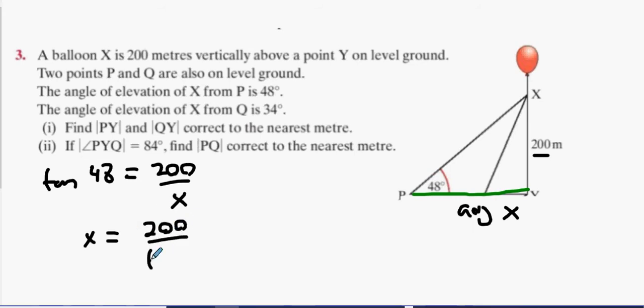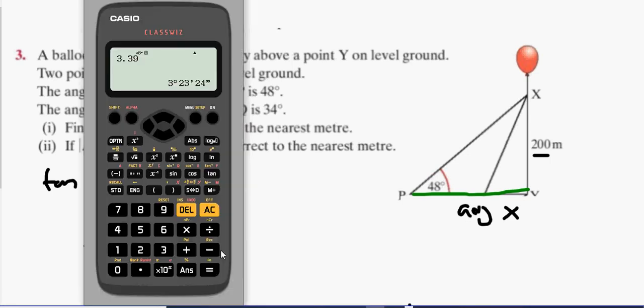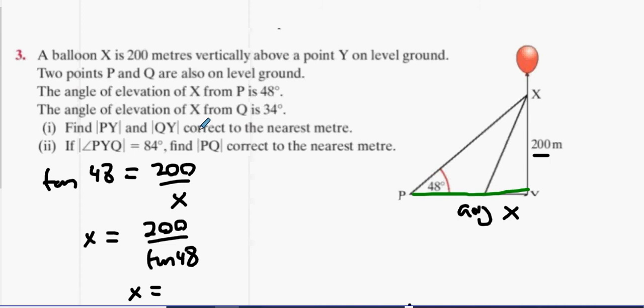Tan 48. And what is 200 over tan 48? 180.08. Okay, so to the nearest meter, 180. Is that cool with you guys?